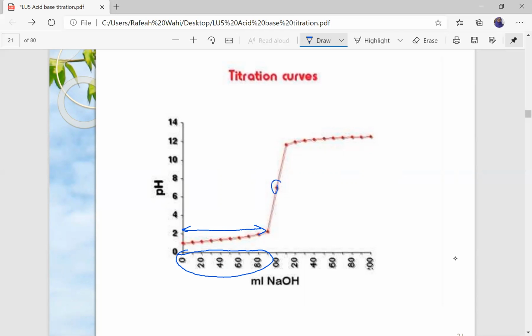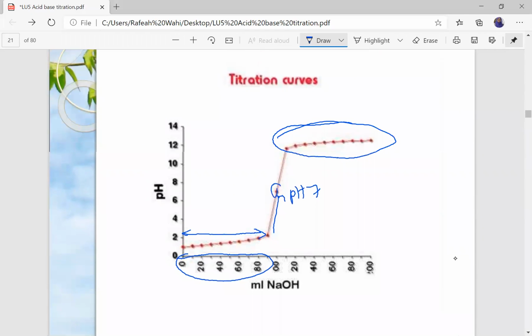However, at the equivalence point, it jumped to pH 7. And after the equivalence point, the increase in pH is not very significant. It's increasing, but in a small number.